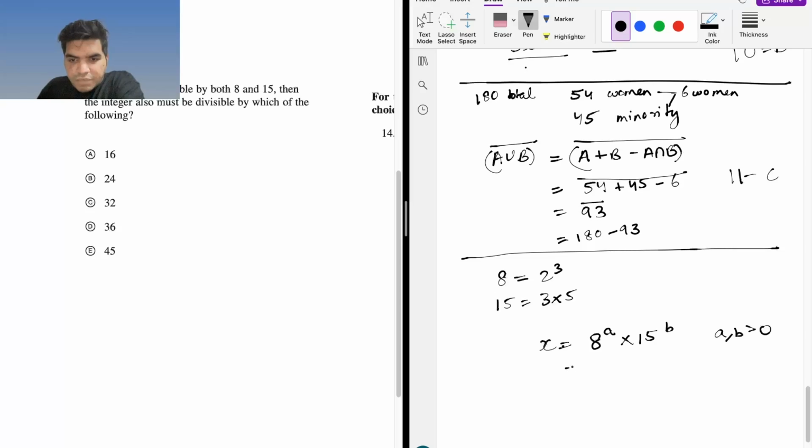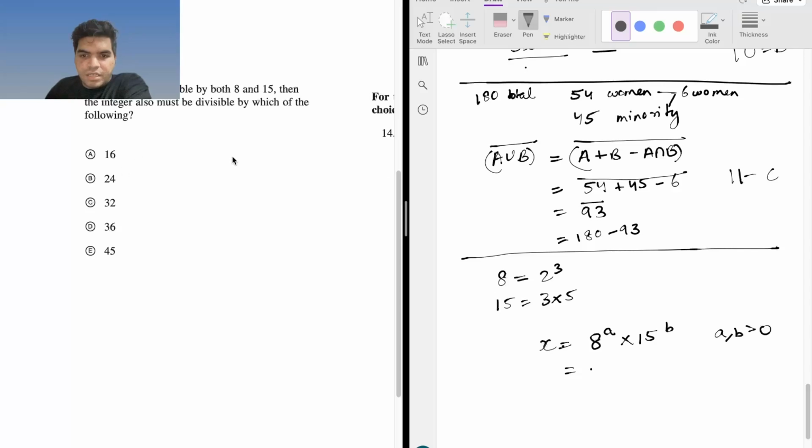That means it will contain 8 as well, so it has to be a multiple of 8 and 15. So to be a multiple of 8: option A is a multiple of 8, option B is a multiple of 8, C is a multiple of 8, D is a multiple of 8, E is not a multiple of 8.